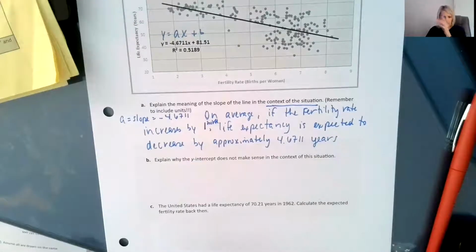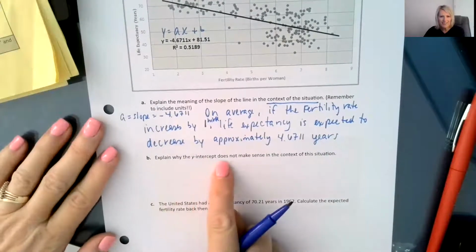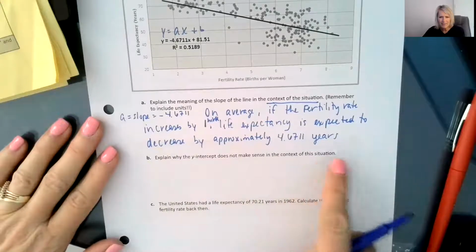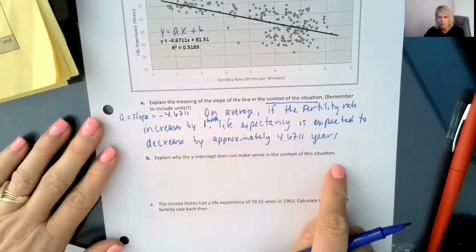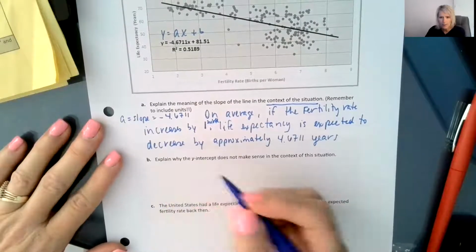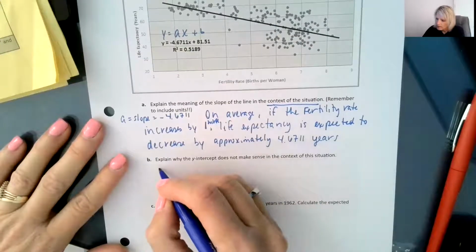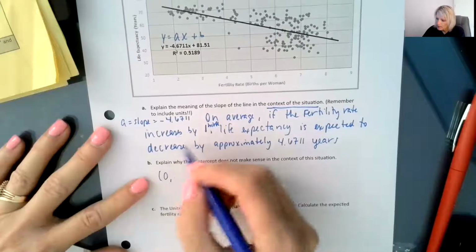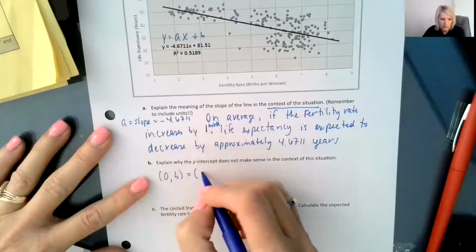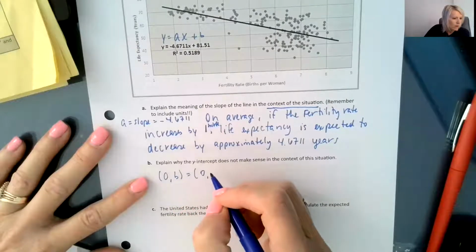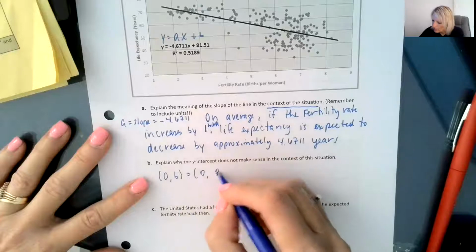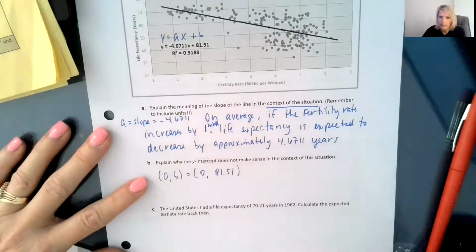Now, the y-intercept. It says, explain why the y-intercept does not make sense in the context of the situation. I need to know what the y-intercept is before I can explain why it doesn't make sense. So the y-intercept is 0, comma b, which is 0, comma 81.51.